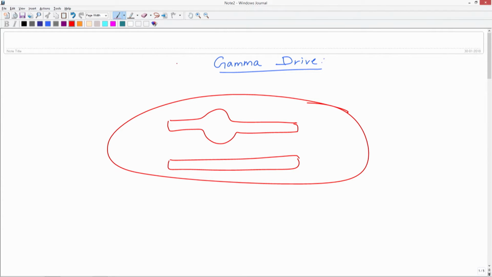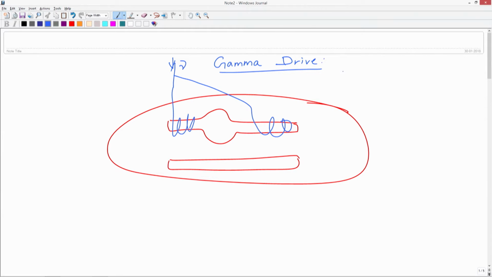So, the gamma drive is coming to only the ends of the nuclear bag and the nuclear chain, which are muscles. The center is the receptor. This is the gamma drive we are talking about, gamma is coming.